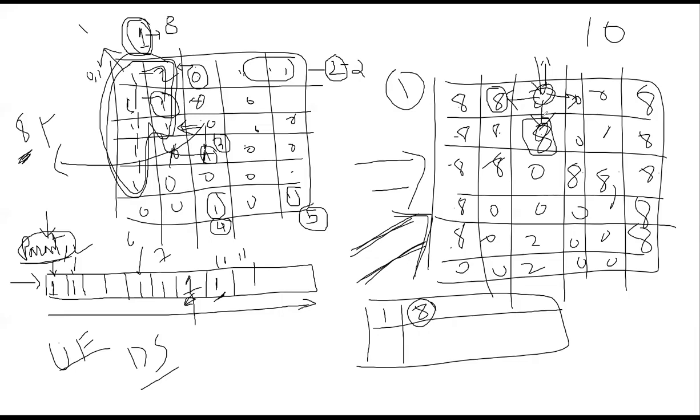May I ask a question? What's the complexity of union find or DFS? Which one is better? Both will have the same complexity, O of Mn, I think, because you will go to all the cells, and even for space you will have O of Mn size.